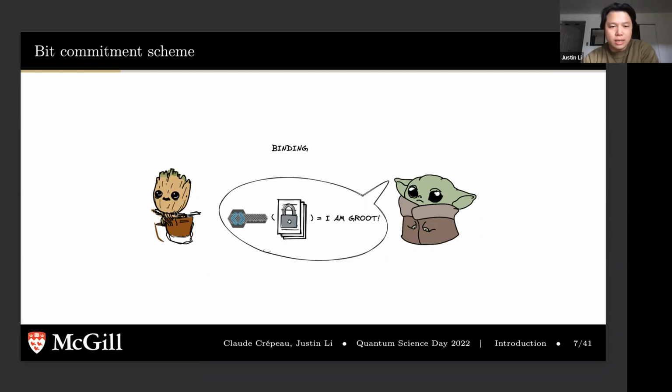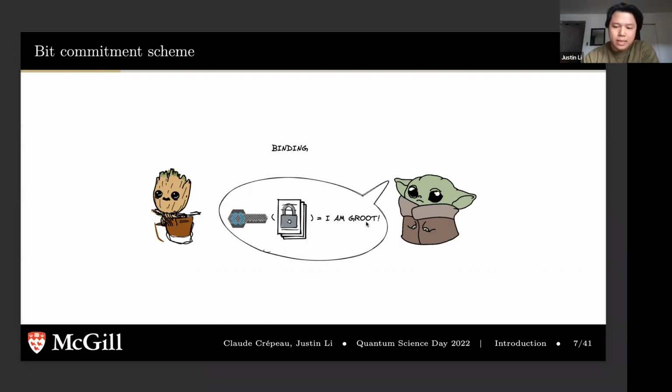So if he sends different key material, the second party should detect that there was a change in what he wanted to convey. In the end, he should always get the original message, which is "I am good." And in the case where the party wants to convey only 1 bit of information, so 0 or 1, we call that a bit commitment scheme.